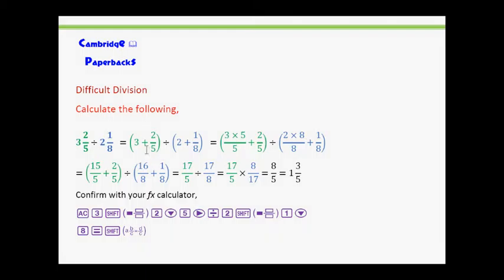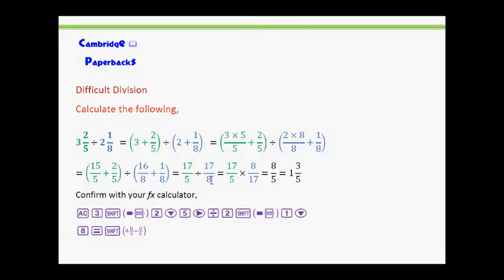Now we're going to multiply the 3 by the 5, so we have 3 times 5 divided by 5, and we're going to multiply the 2 by the 8 to give us 2 times 8 over 8. So this way we end up with 15 over 5 plus 2 over 5, 16 over 8 plus 1 over 8. So as we can now add these two, we will get 17/5, and we add these two and we get 17/8.